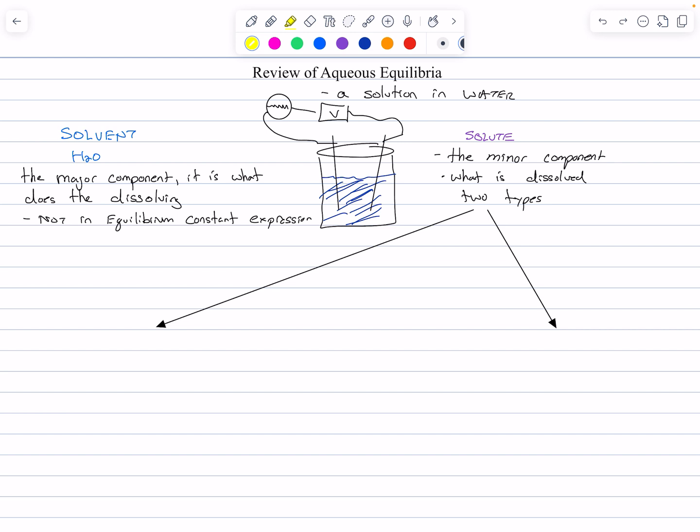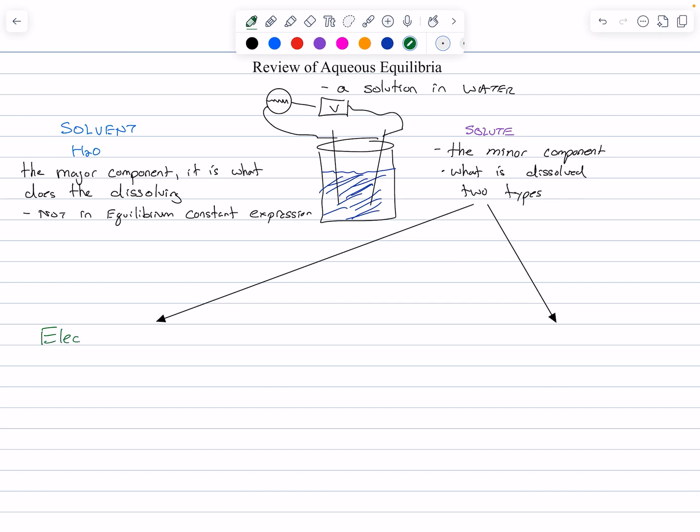Those are the options. If the light's on, it conducts electricity, it's an electrolyte. If it doesn't conduct electricity, it's a non-electrolyte.